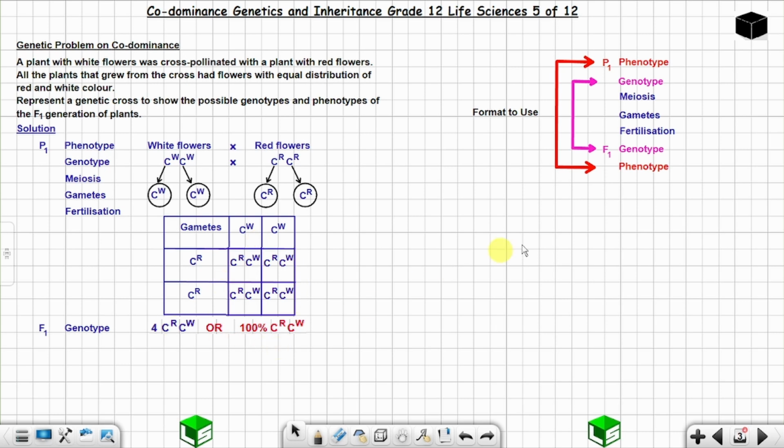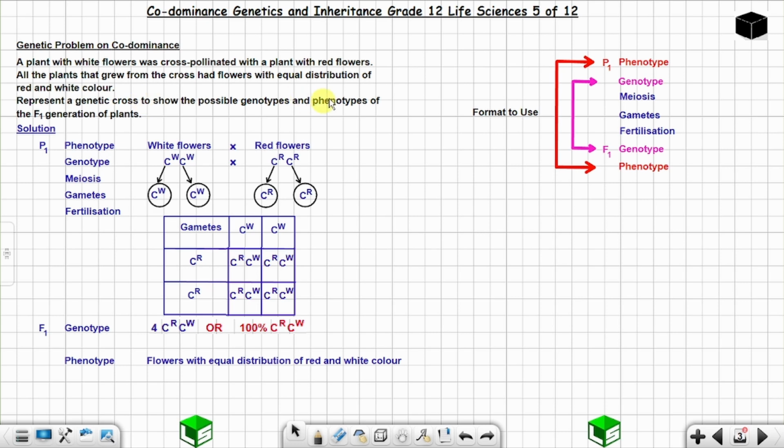Now the phenotype for F1. You are going to talk about the physical appearance. You can say you have flowers with equal distribution of red and white color. You have your phenotype in the question: all the plants that grew from the cross had flowers with equal distribution of red and white color.